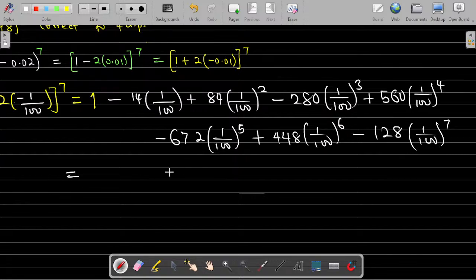So here we will now have 0.01 times, this is 1 minus 0.01 times 14, which gives us 0.14.